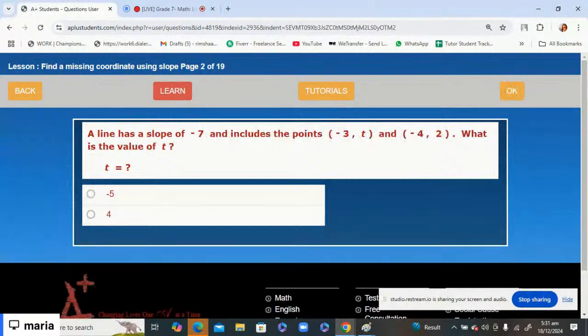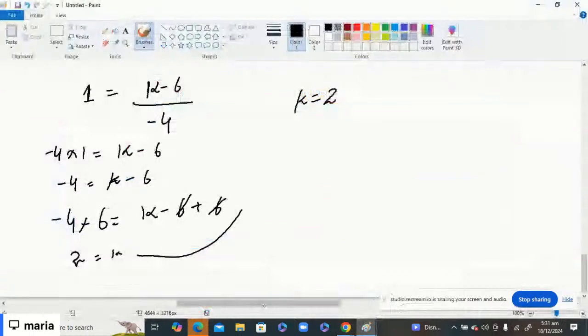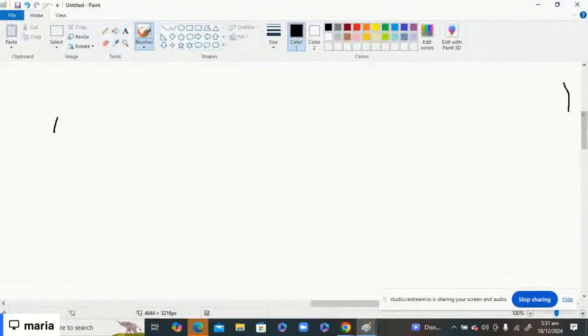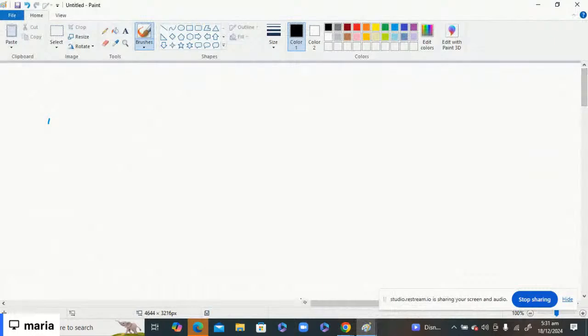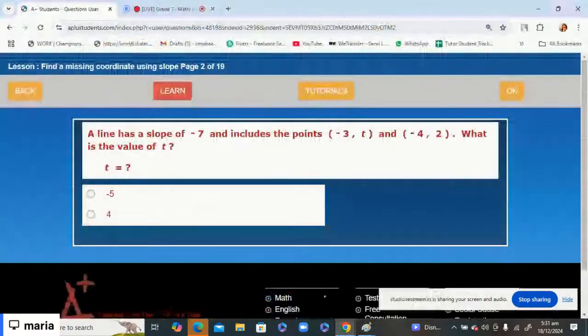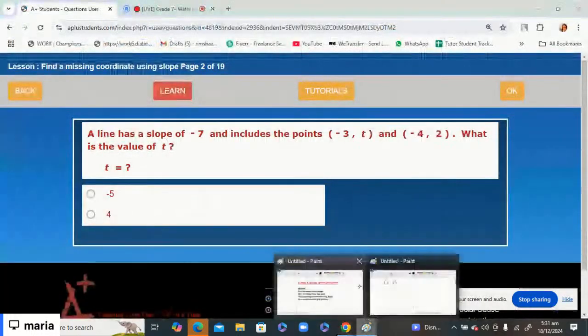A line has a slope of -7 and includes the points 3t, -4 and 2. So let's write the points first. 3t, -4 and 2.